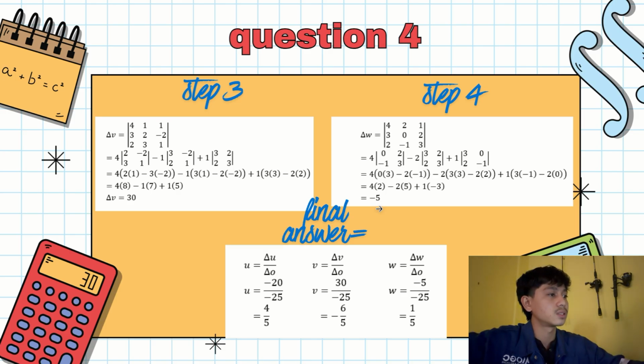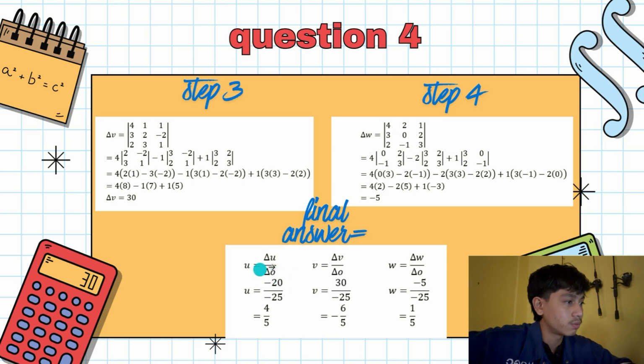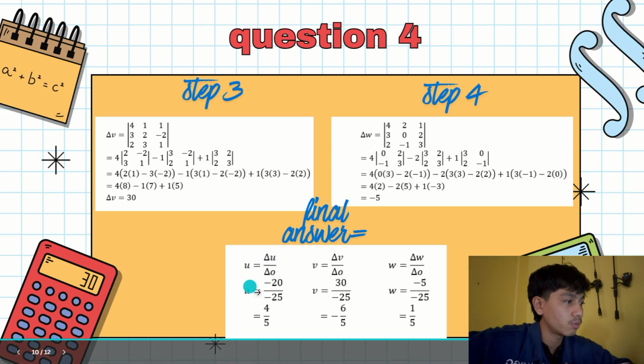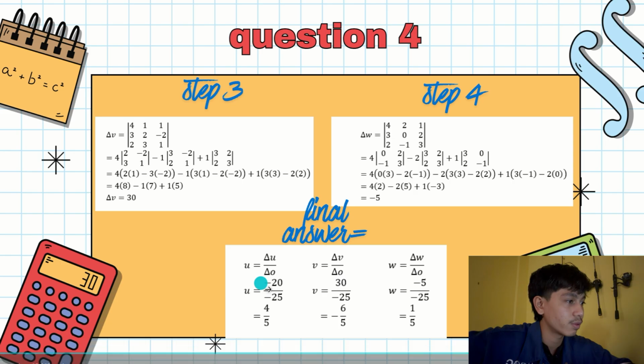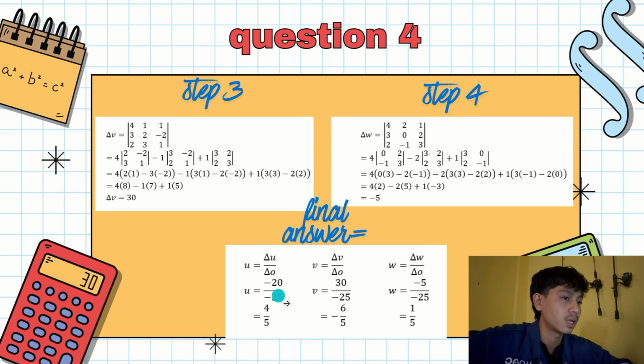Okay, the final answer. Using Cramer's rule, the values of the variables are obtained by dividing each delta by delta 0. The value of u is negative 20 divided by negative 25, which simplifies to 4 over 5.